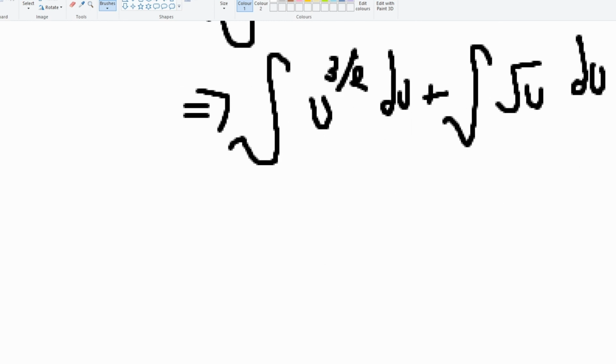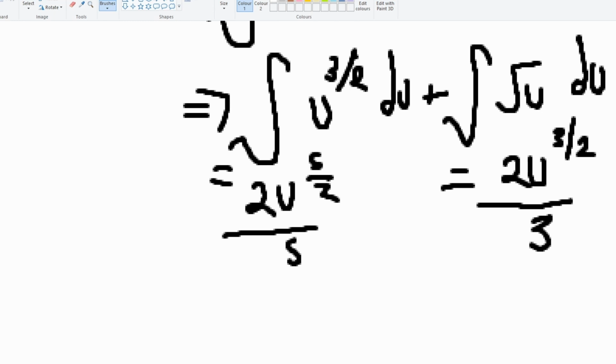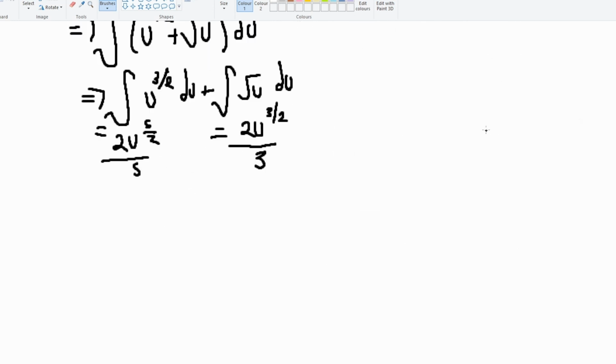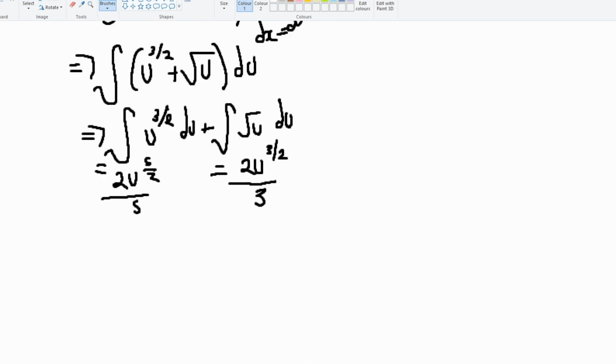Solving the first integral by using the power rule will give us 2u to the power of 5 over 2 divided by 5. Now we can solve this integral easily because we have already solved it before. And the answer then is 2u to the power of 3 over 2 divided by 3. Now, after all of that, we will now plug in these integrals. We will plug in all of this and subtract them.